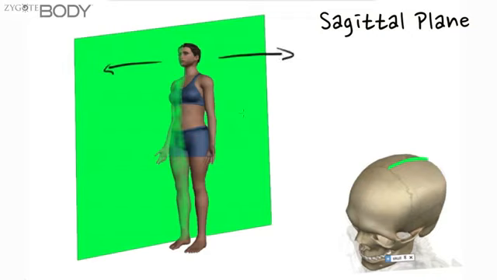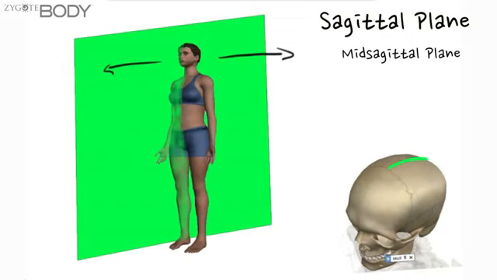Another important thing to know is that if the sagittal section that you see here is made in the exact midline, it will result in equal and symmetrical right and left halves, and this is called the mid-sagittal plane, exactly as we see here.